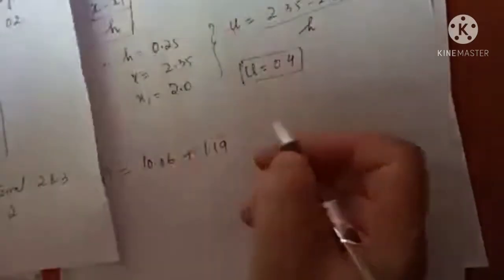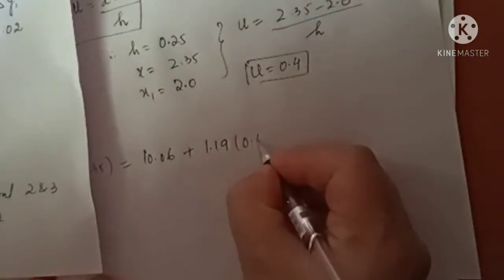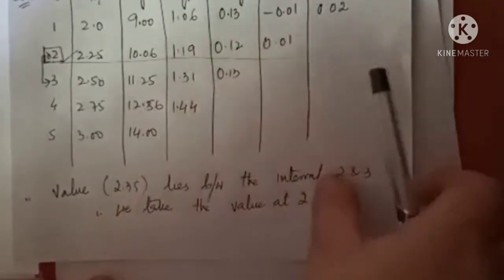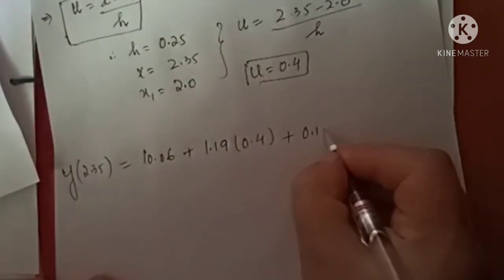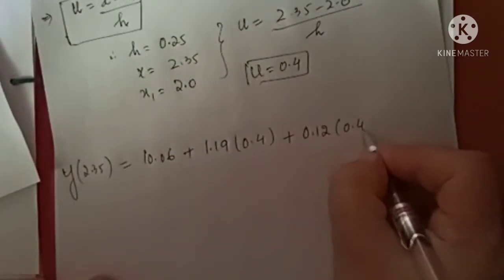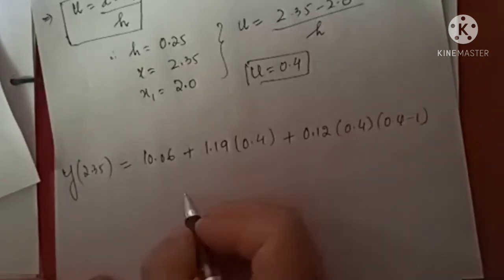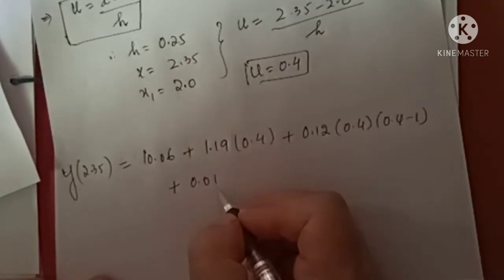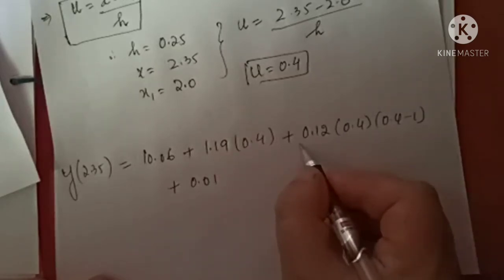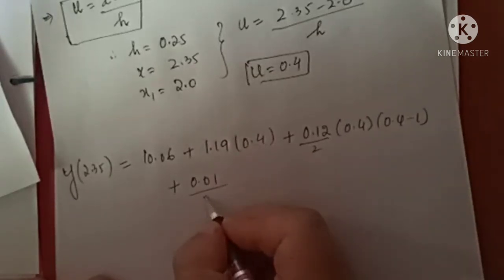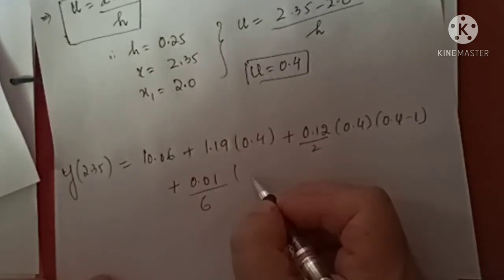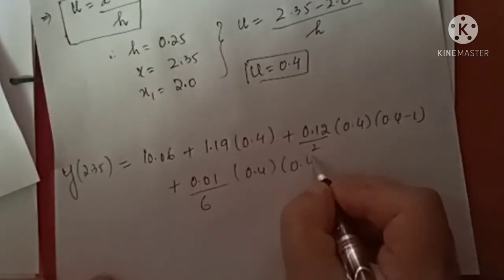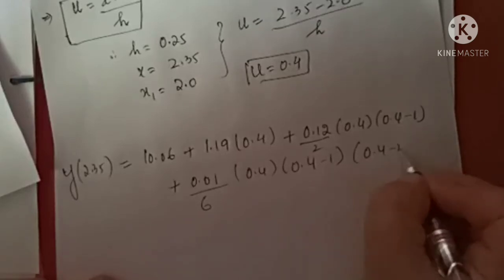1.19 into u, which we just found, 0.4, plus delta square y2. Delta square y2 is 0.12. So this is 0.12 into 0.4 into 0.4 minus 1, plus delta cube y, this is 0.01, divided by 2, divided by 6 into 0.4 into 0.4 minus 1 and into 0.4 minus 2.